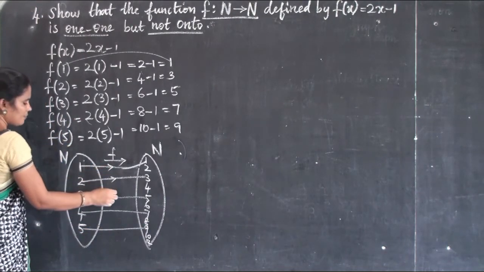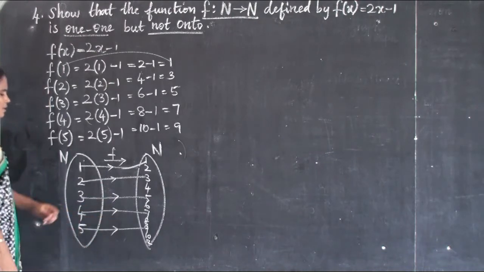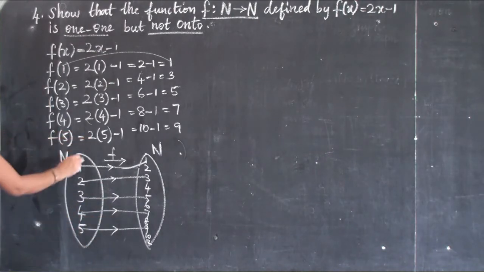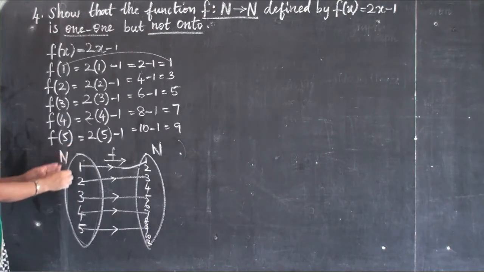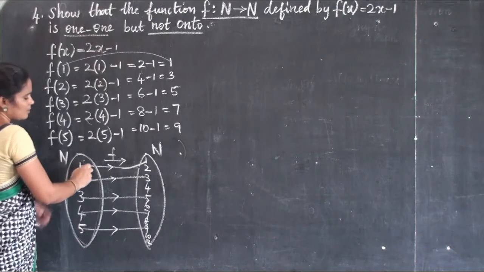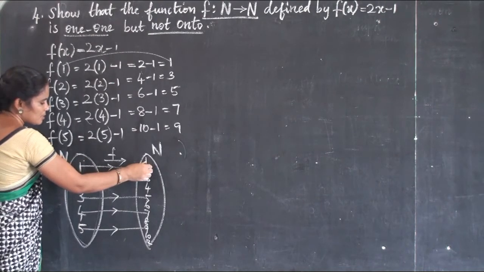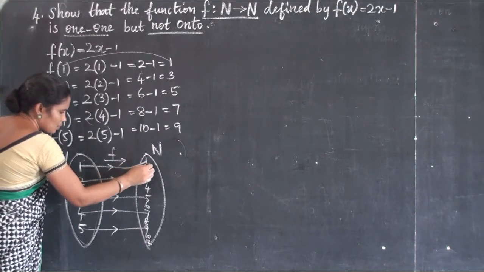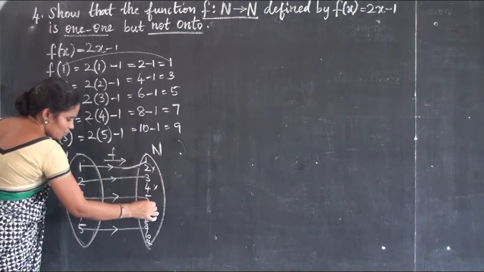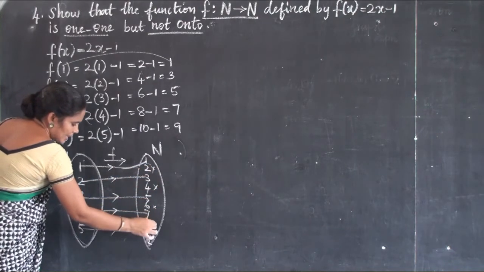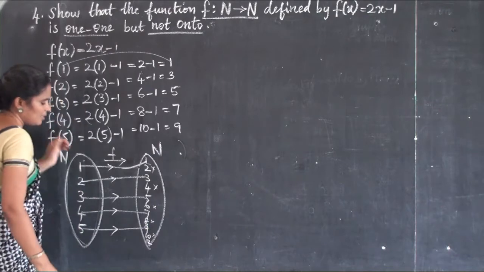Now you can easily find out. Tell me which is the domain: the elements present in A, that is natural numbers. Check whether all the elements of the domain got images. No, here 2 is left over: 2, 4, 6, 8 and 10.